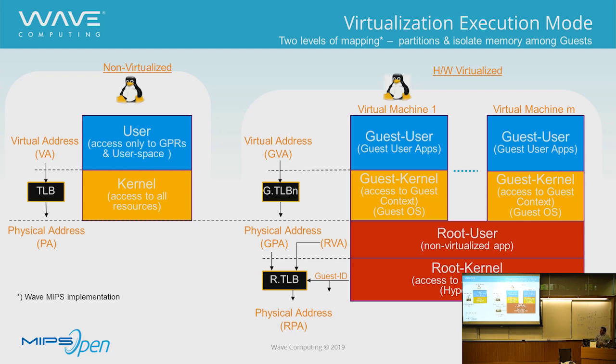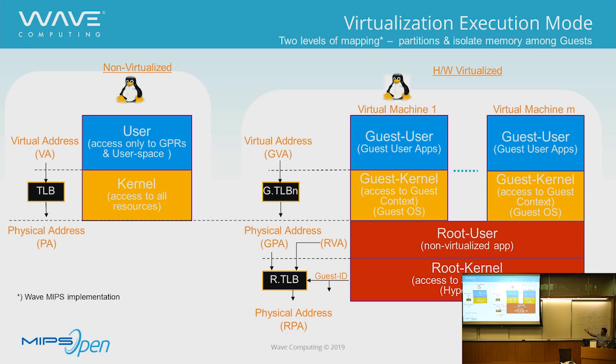I want to bring a second guest up. And the architecture that is available through MIPS Open allows you to handle up to 255 guests. In the embedded space, we haven't really seen that many guests. But let's say you want to develop a NIC that needs to handle a server space that requires 128 clients, you can actually enforce in a CPU 128 environments that can be completely isolated and protected from each other.